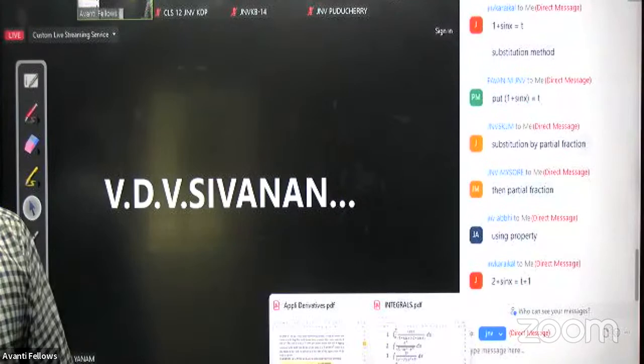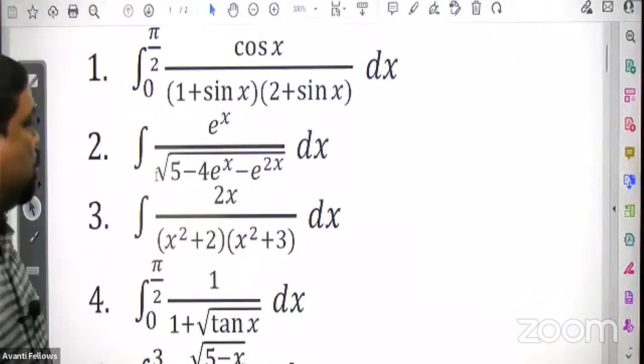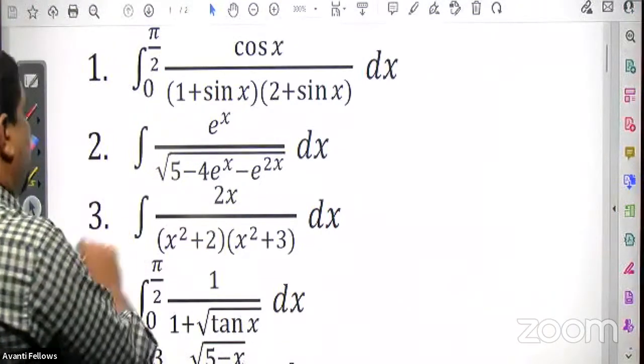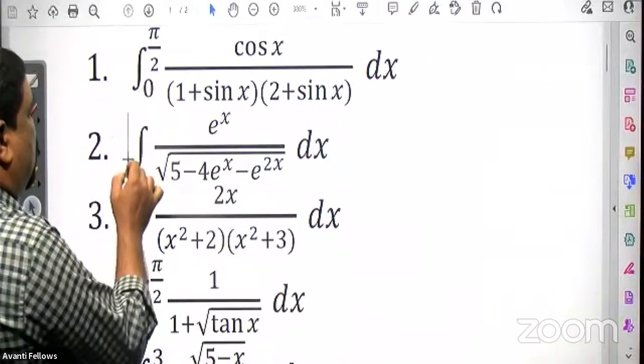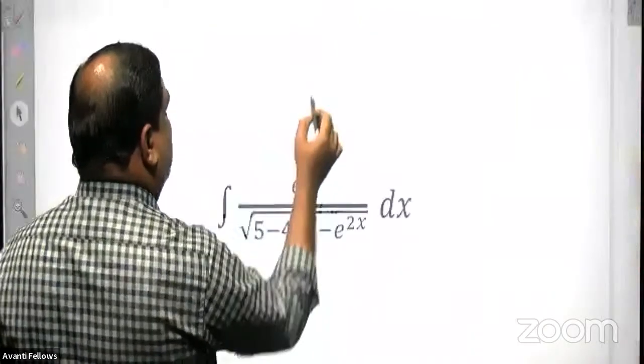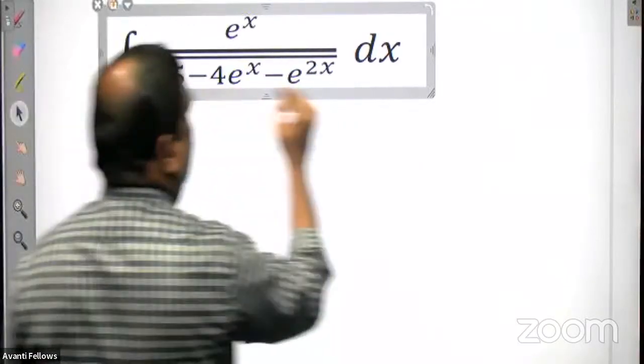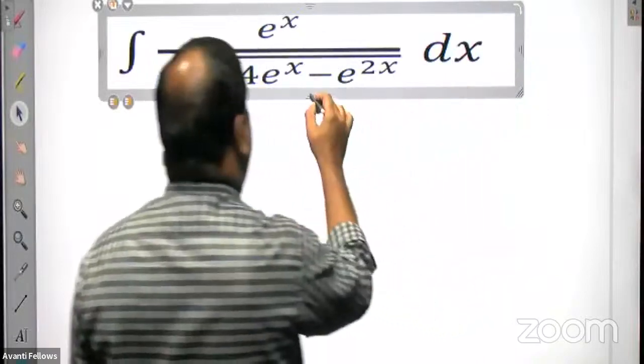Let me take another problem. Second problem. I think this is the problem which asked in the recent exam, term 1 examination. Maybe some similar problem. Yeah, exactly this may be.